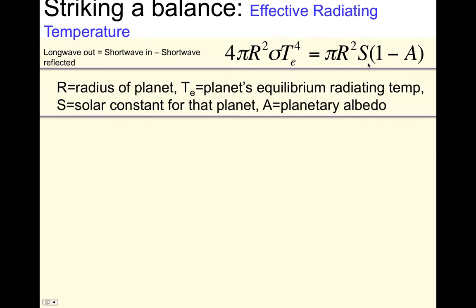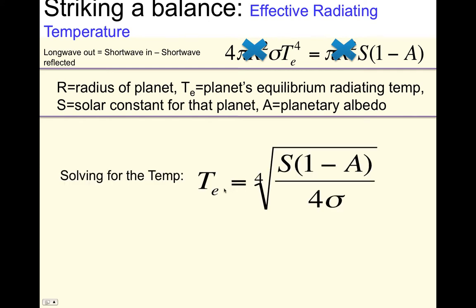If you balance these two equations, incoming solar that's absorbed versus outgoing long-wave radiation emitted, you come up with this equation in the upper right. And you'll soon find that pi r squared falls out of this. If you then solve for the effective radiating temperature, you get the effective radiating temperature equals the fourth root of S times 1 minus A over 4 times the Boltzmann constant.